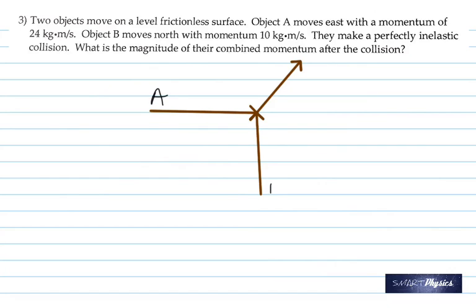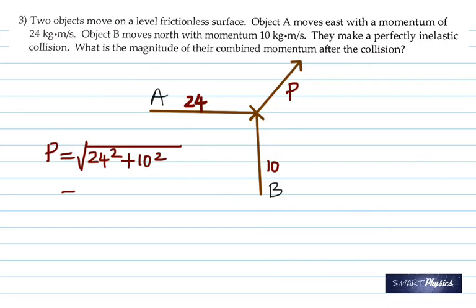So you have the two objects A and B. That one is moving east at 24. That's its momentum, 24, and the one to the north, 10. Now to find the resultant, all you got to do is square both, add them, and take the square root.